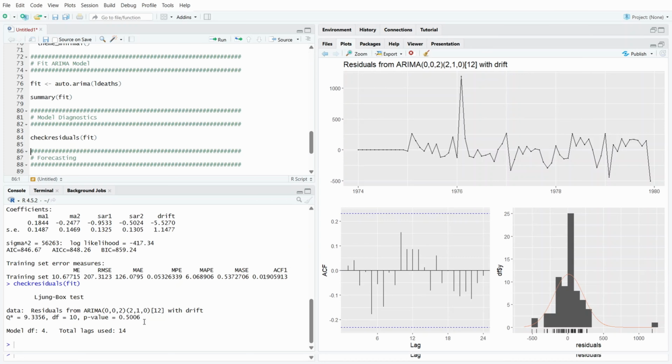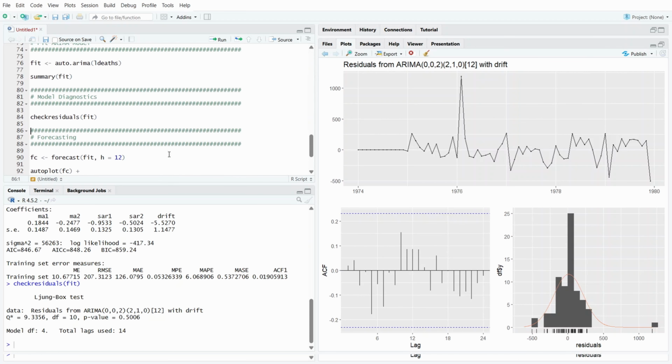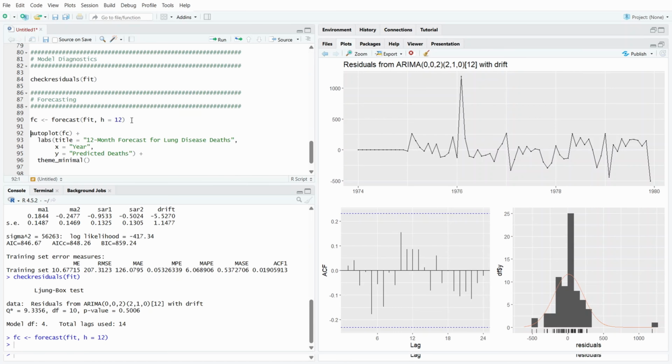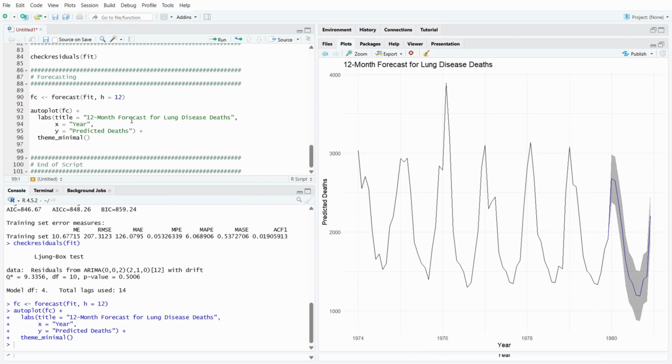Now, we use our model to generate a forecast for the next 12 months. This is the moment where our analysis turns into actionable public health intelligence. Looking at the plot, what you're seeing at the end of the timeline is our 12-month forecast for lung disease deaths in 1980.